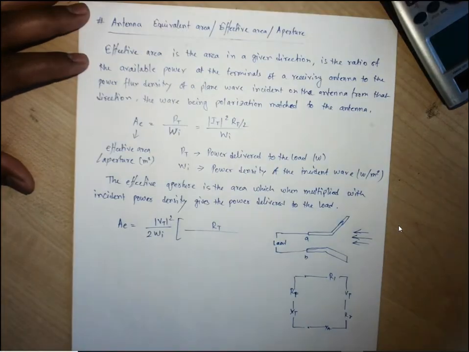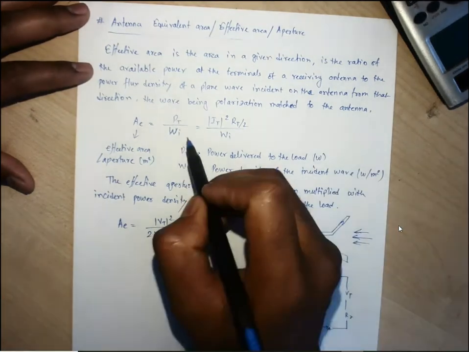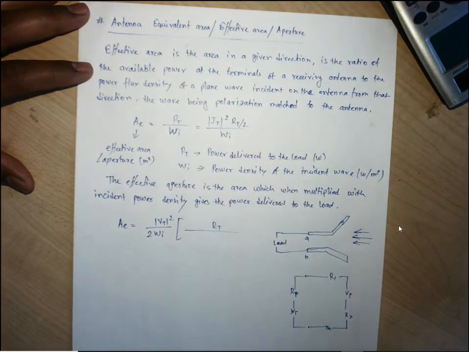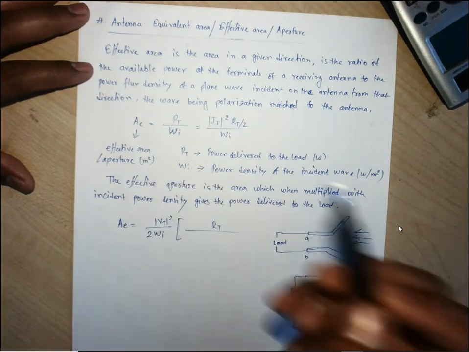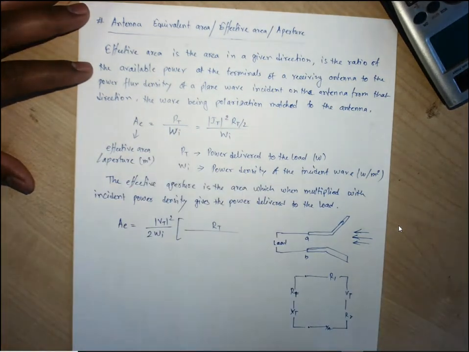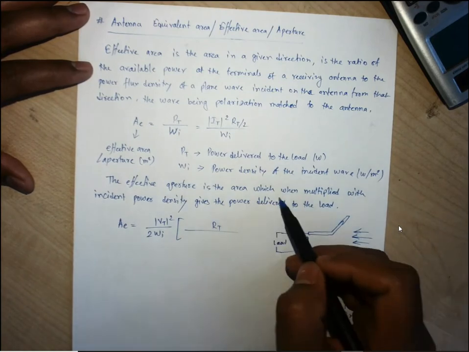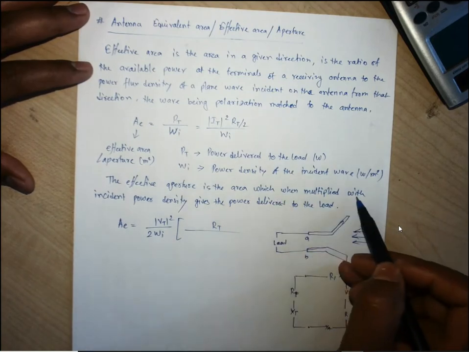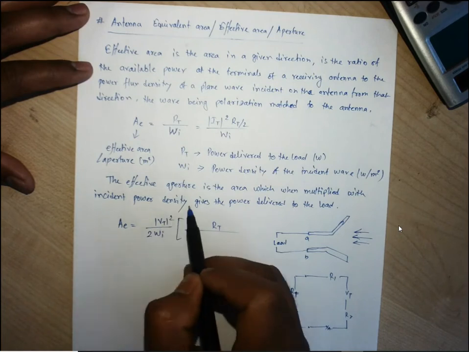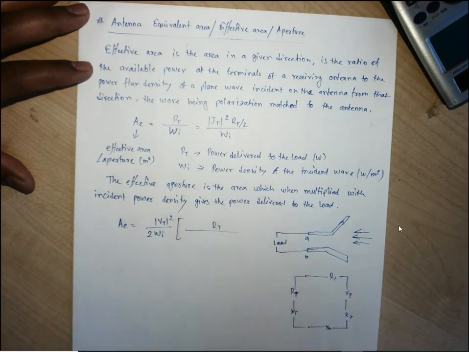Okay, so what I've written here is that the total power delivered to the load can be found by multiplying this effective aperture with this incident power flux density. The effective aperture is the area which, when multiplied with the incident power density, gives the power delivered to the load.